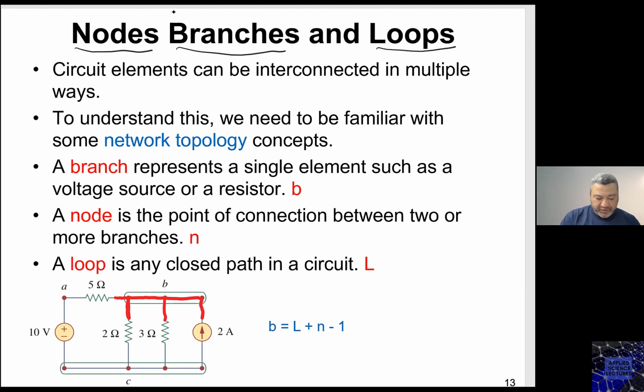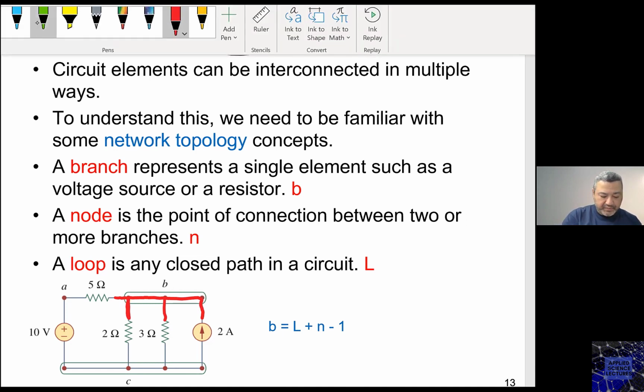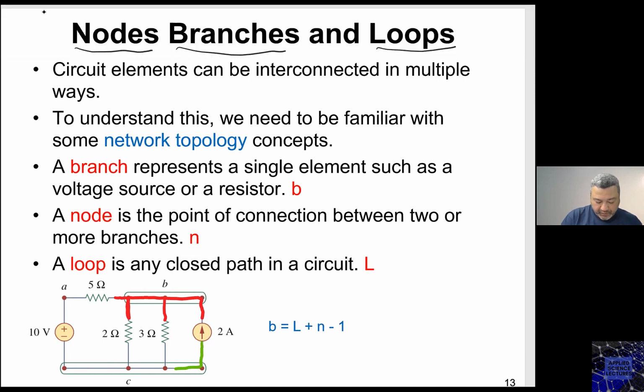The same thing for C. If you color all the wires that are connected together, you can find these distinguished nodes. All wires that are connected together create a distinguished electrical node.